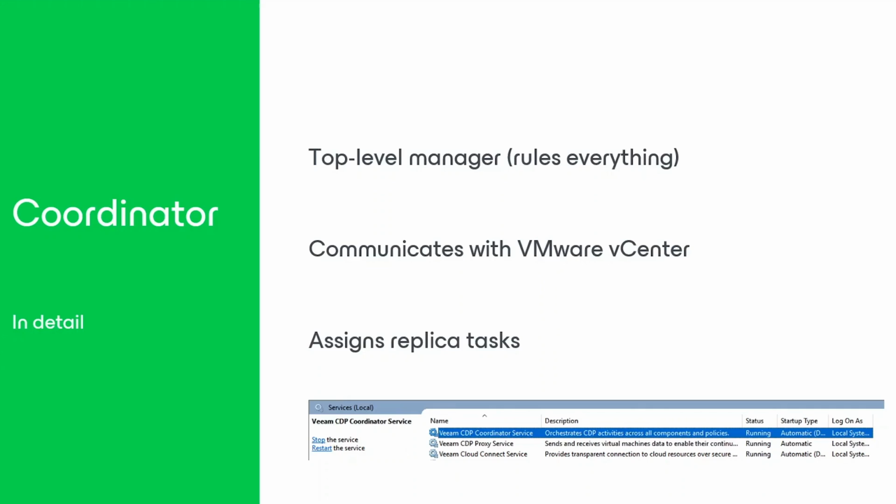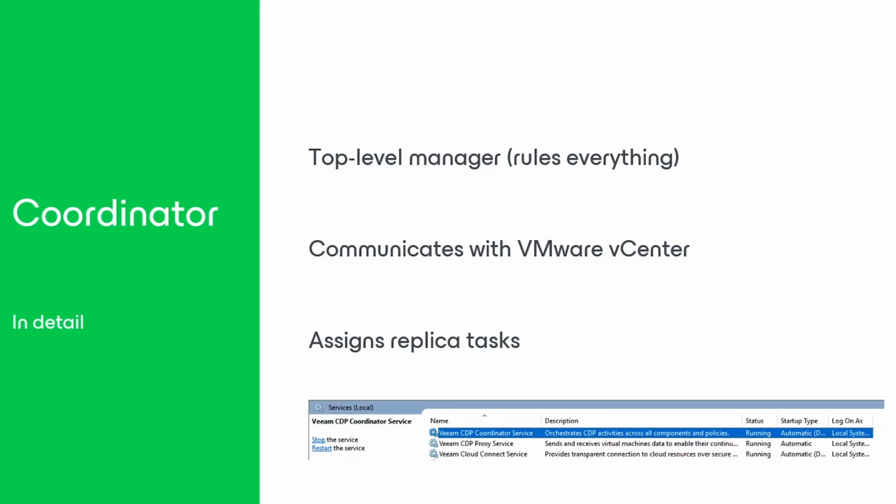Overall, it monitors the infrastructure for changes, right? So what is very important here is that this component should be running at all times. If anything underlying changes, it will be picked up automatically by the CDP coordinator service.